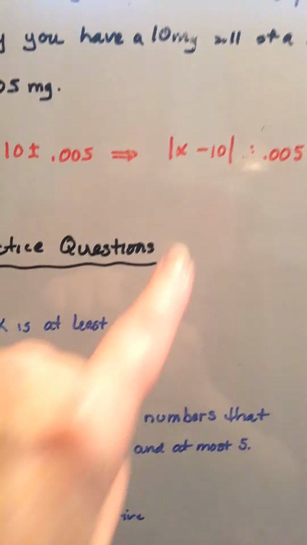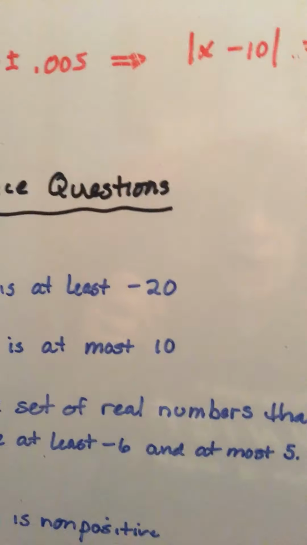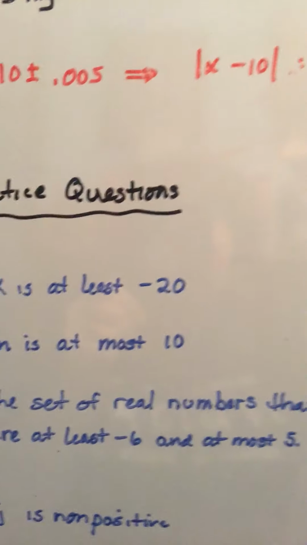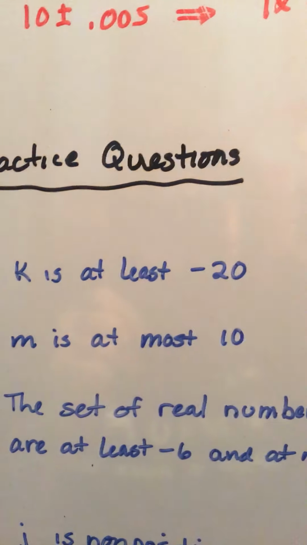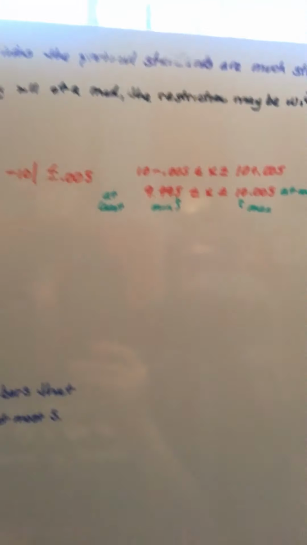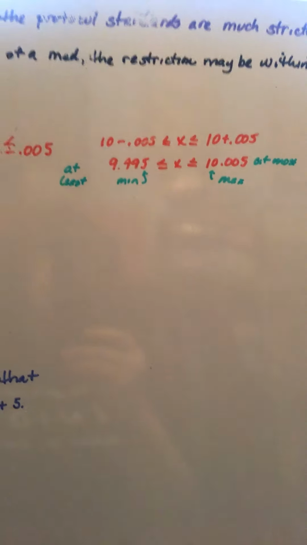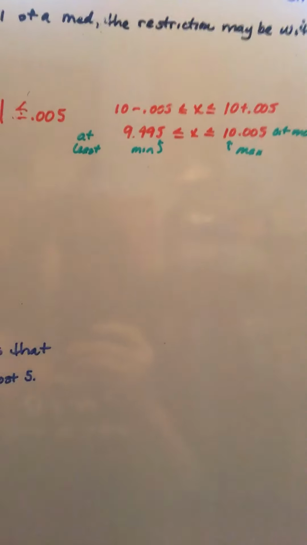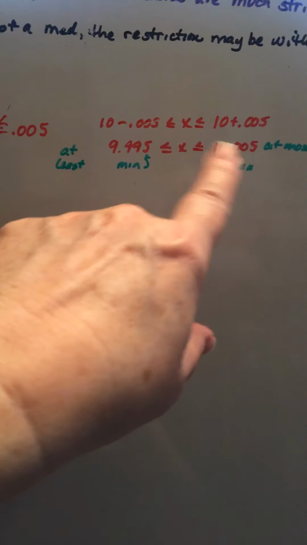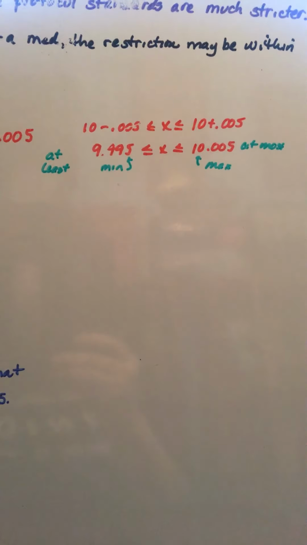The setup is, well, this is my pill minus 10, and I don't know how that erased. Sorry, I had to get a marker out. It's less than or equal to 0.5. So again, I'm going to subtract and add. And so when I take my medication, my bloodstream, to keep the amounts reasonable, is going to be within guidelines.